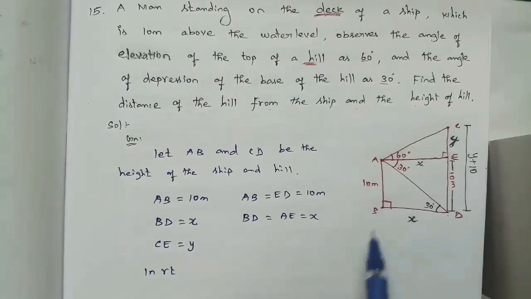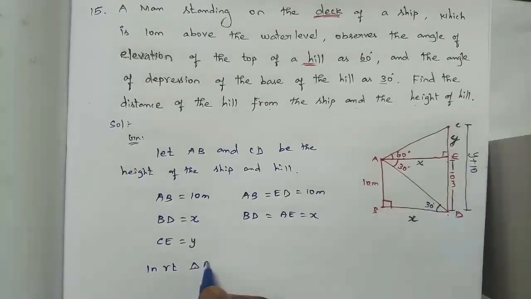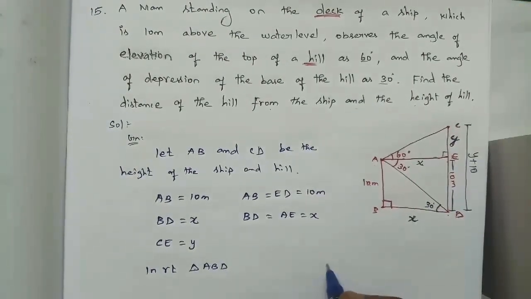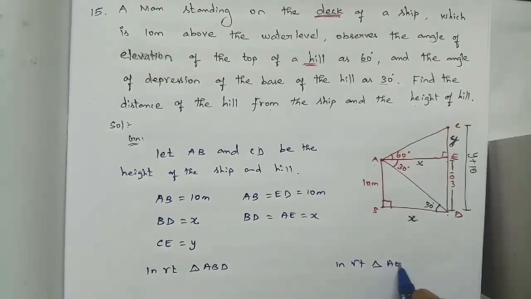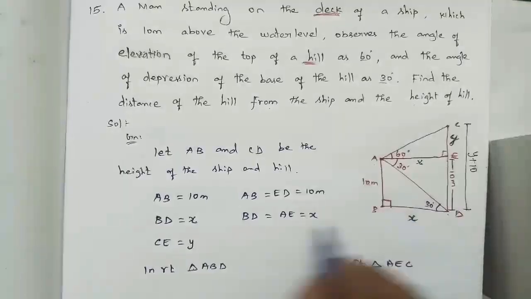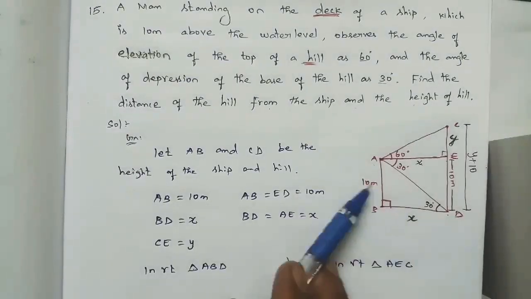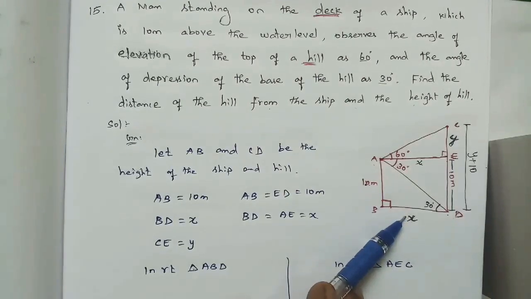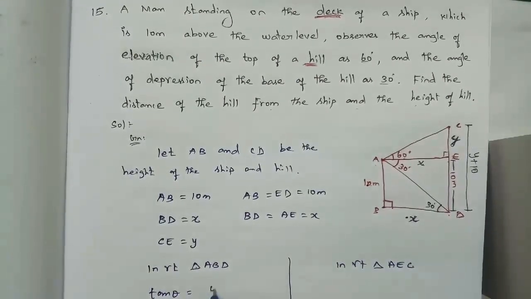With the help of that, we can find the remaining things. In right triangle ABD, we know the opposite side and we want to find the adjacent side. So tan theta is equal to opposite side divided by adjacent side, right?